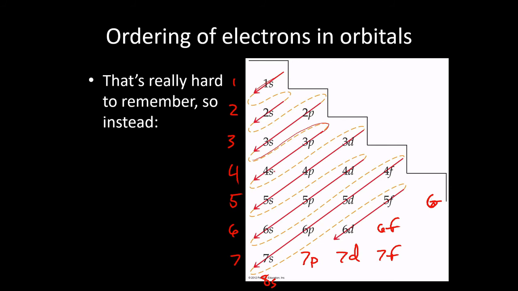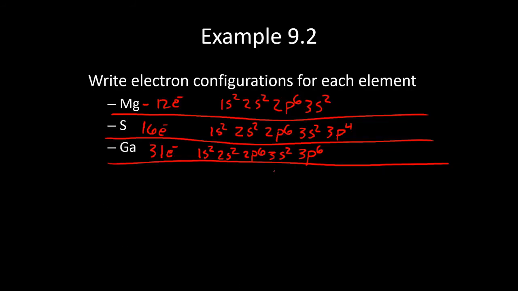So we really need to reference this when we're doing these. So 4s is next, and then 3d. So the 4s, all s subshells can hold 2 electrons. So there's now 20 electrons in my configuration.